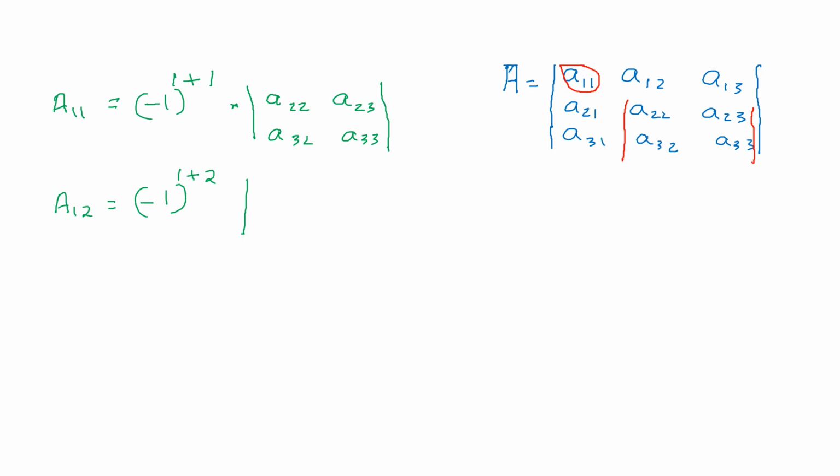I'll represent this with a different color for your reference. Now you see here, we want to find the minor of A12, right? This is A12. Now you have to exclude this row and this column. So what is remaining?